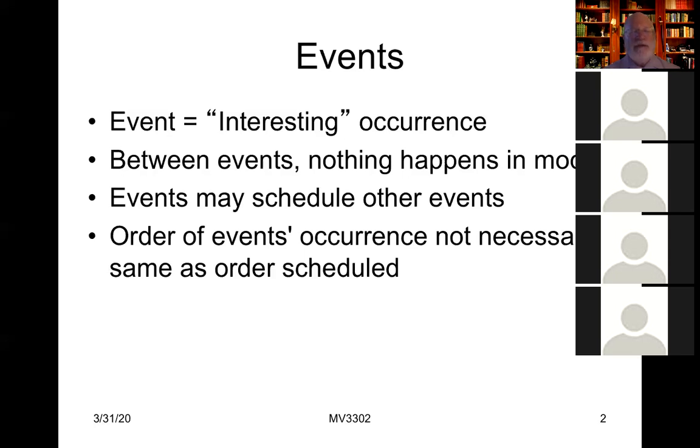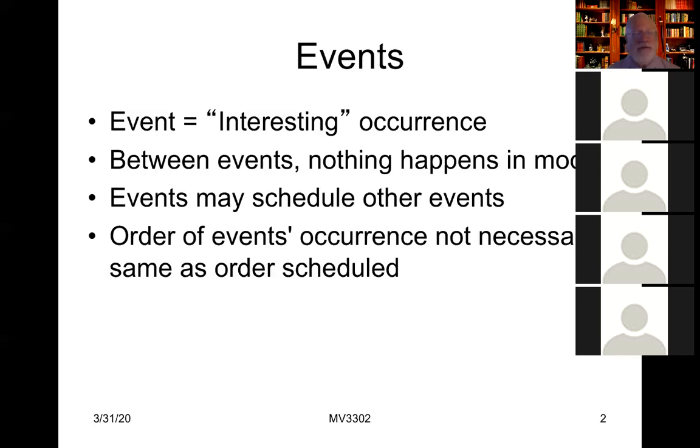The other important thing to remember is that the order of the events as they occur is not necessarily the same as the order that they're scheduled. And again, we'll see that as it happens. And that's why the event list processing is so important. When an event schedules events, it just puts events on the event list.